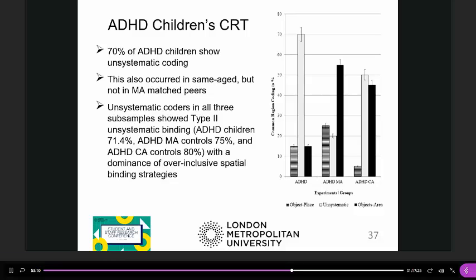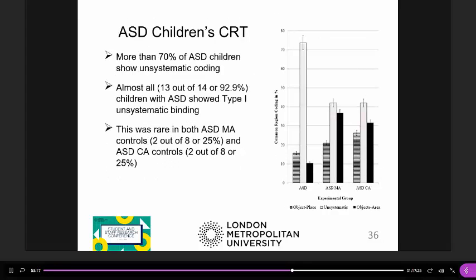What needs to be said as well, that's not visible in the graphic, is that the children with ASD showed mainly type 1 automatic coding. That is, they had, as predicted, a lot of object place binding and very little object region binding. So 13 out of 14, or 92.9%, were still drawing object place binding.